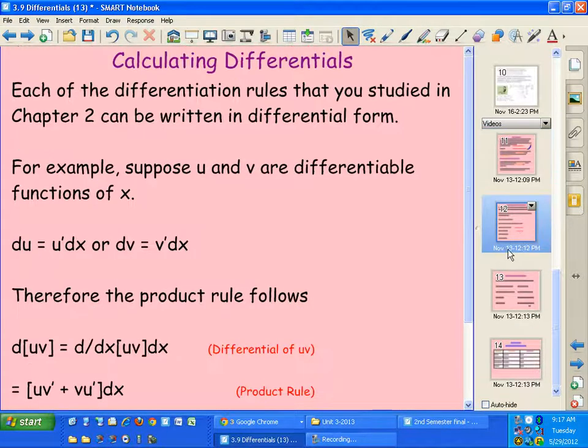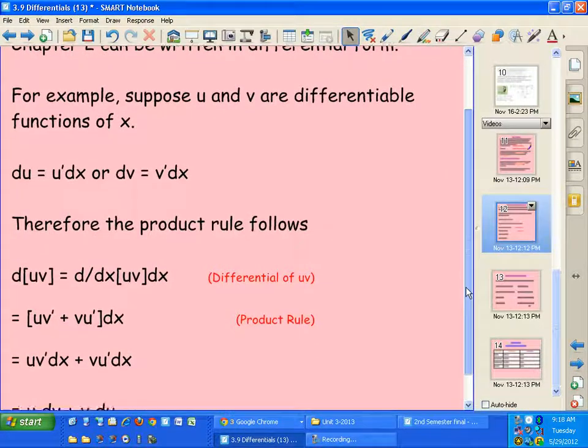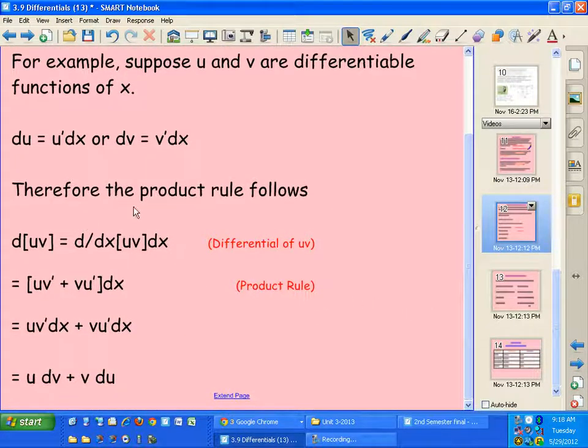Now, calculating a differential. This is the way we did it in chapter 2. We could write things in differential form. If we went du over dx, we said it was u prime. Well, we're just multiplying across the equal sign here. By doing a product rule of the differentiation of u, we take the derivative of this with respect to x.